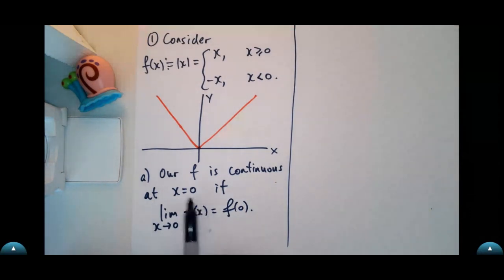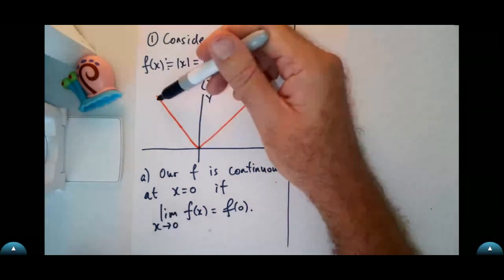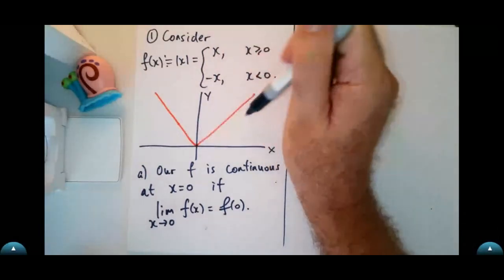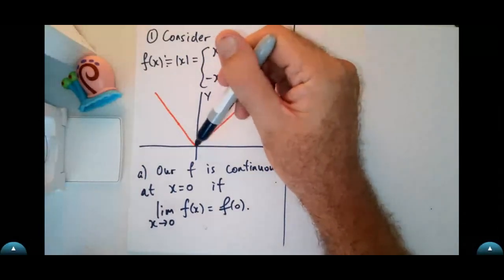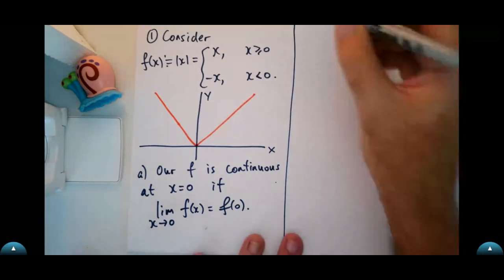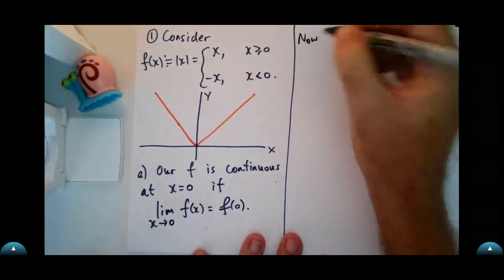Okay, so what's this? This is composed of two parts, left-hand limit, right-hand limit. So on the left-hand side of 0, we're going to have negative x. On the right-hand side of 0, we're going to have positive x. They're obviously heading towards the same point. Okay, so we know where we're going, but let's do it formally.